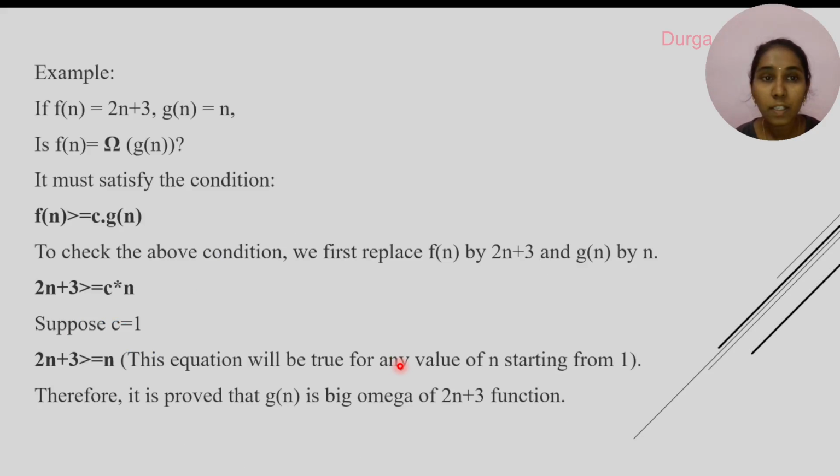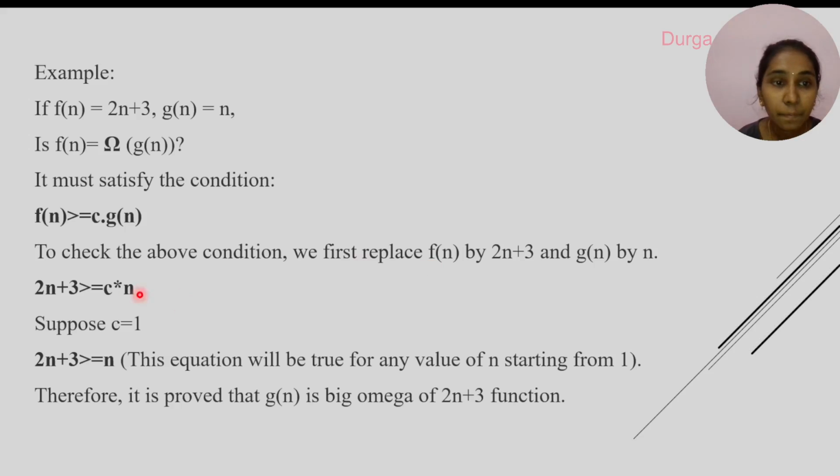Okay, so let's see the example program. Same example. Here f of n is 2n plus 3 and g of n is n. So we have to show f of n greater than or equals to c g of n. In big O notation, f of n is less than or equals to c g of n. But here in omega, f of n is greater than or equals to c dot g of n.